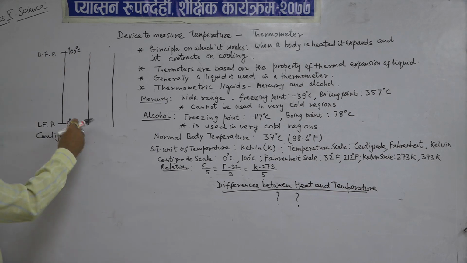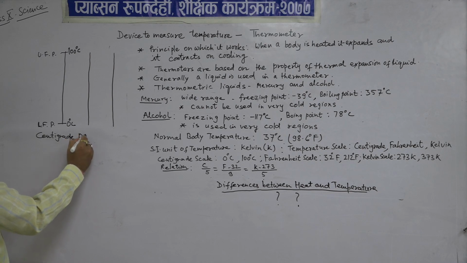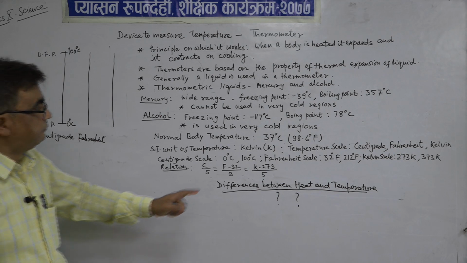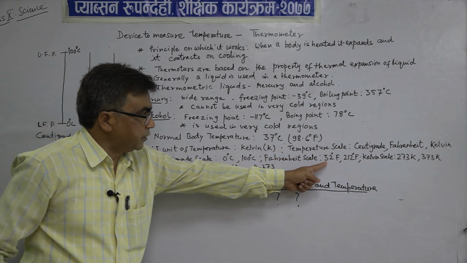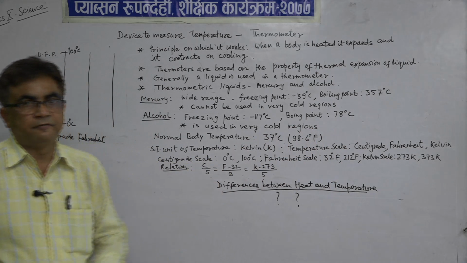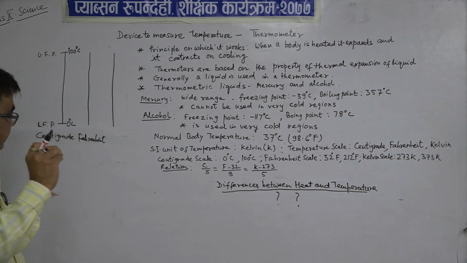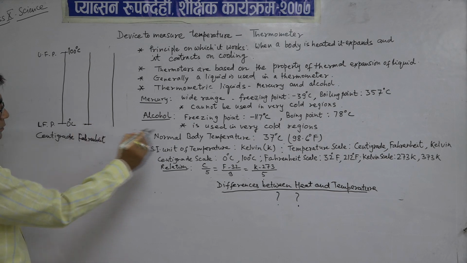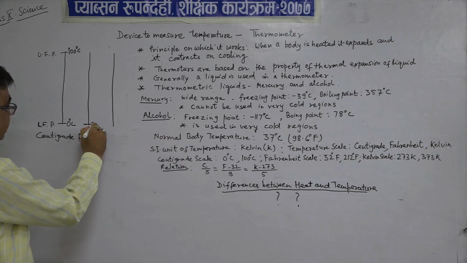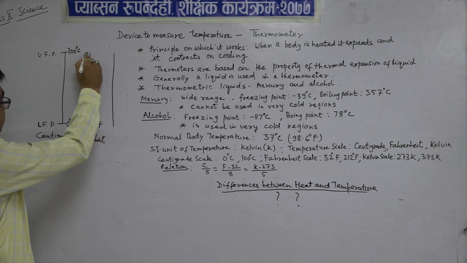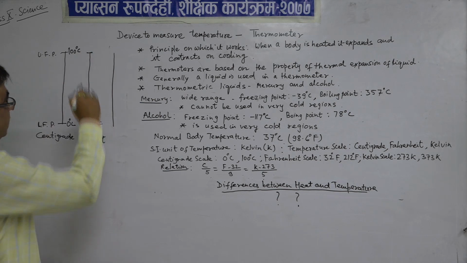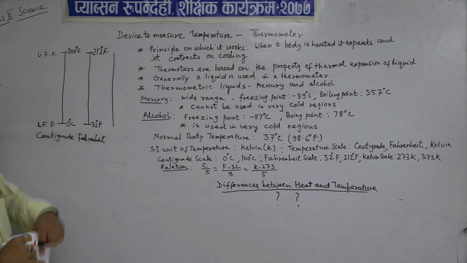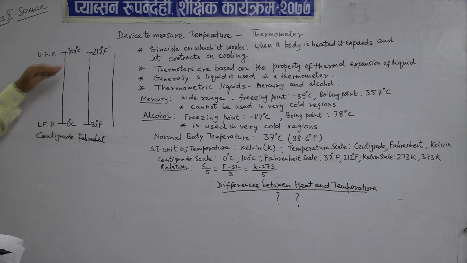Similarly, for the Fahrenheit scale, I have written here 32 degree Fahrenheit, 212 degree Fahrenheit. It means in the Fahrenheit scale, the freezing point of water is 32 degree Fahrenheit, whereas the boiling point of water is 212 degree Fahrenheit. So, we have to first fix these 2 points.